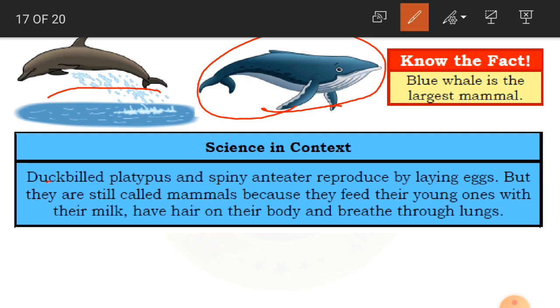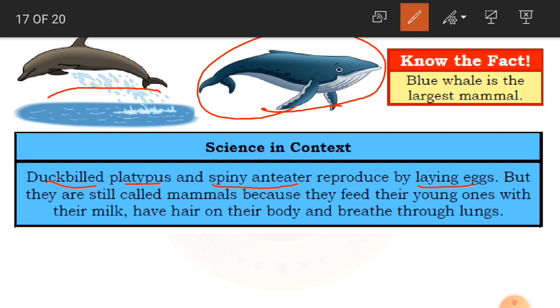The duck-billed platypus and spiny anteater reproduce by laying eggs. These are some other mammals which reproduce by laying eggs. But they are still called mammals because they feed their young ones with their milk.